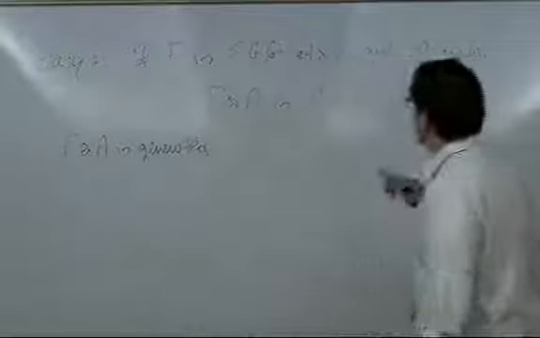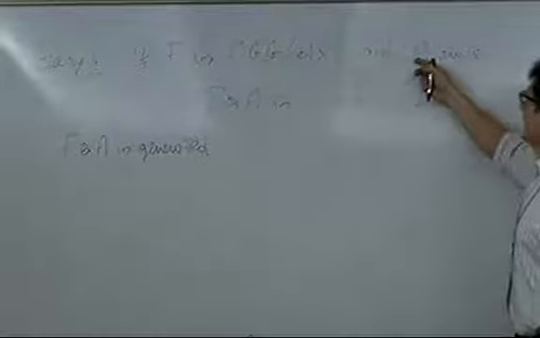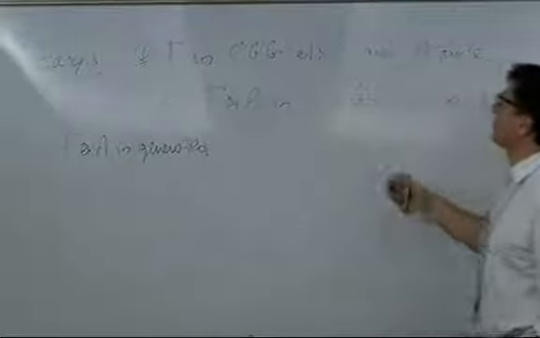Sorry, GG is what I wanted to say. There is a local version. So if it is CGG at x and A is ample, then it is globally generated at x. And of course, if it is continuously globally generated everywhere, then tensored with an ample, it is globally generated everywhere.